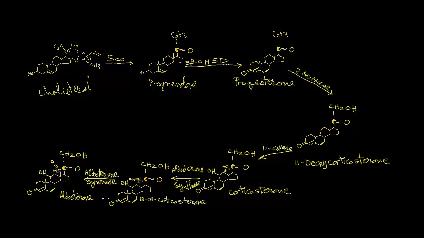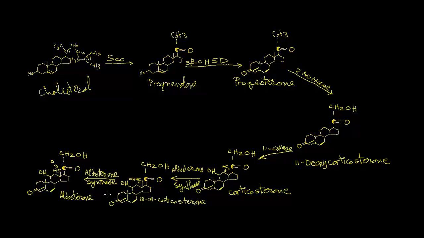As far as the biosynthesis of aldosterone is concerned, we have to notice that angiotensin II controls the cleavage step and the synthesis of 18-hydroxycorticosterone and aldosterone, the steps which are catalyzed by aldosterone synthase.